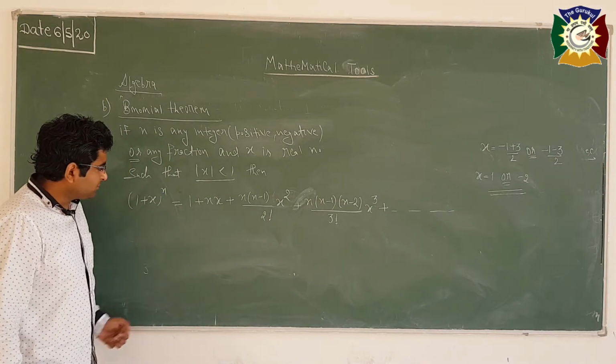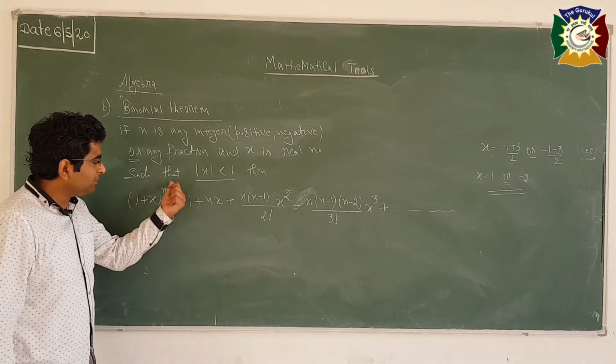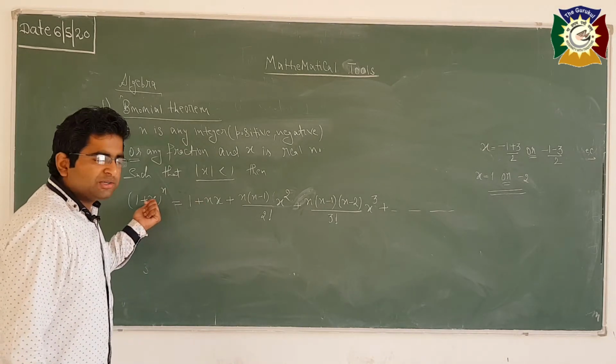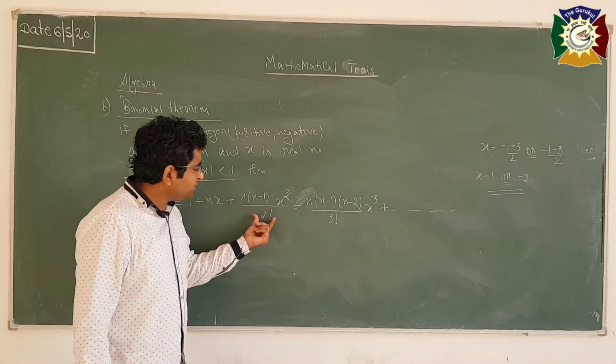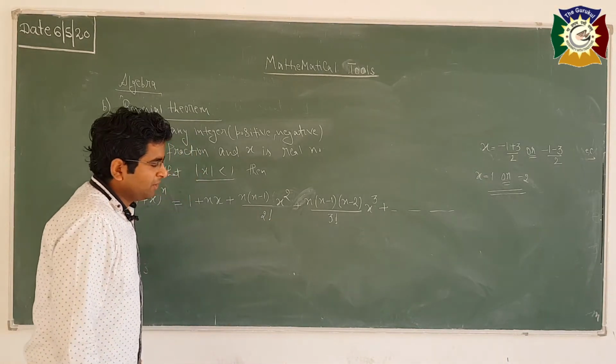Dear students, 1 is a constant term, n is the power, x is the variable term which is given in the expression. This concept is new for you, factorial.